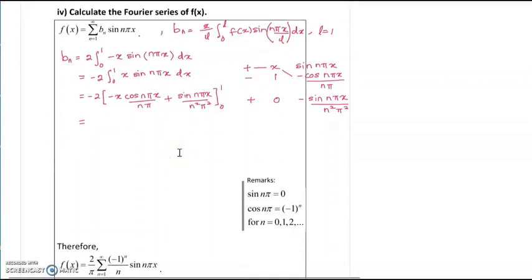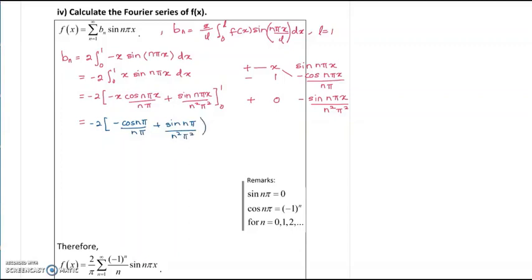When x is 1, we have -2 times: -1 cos(n pi) over n pi plus sine(n pi) over n squared pi squared.